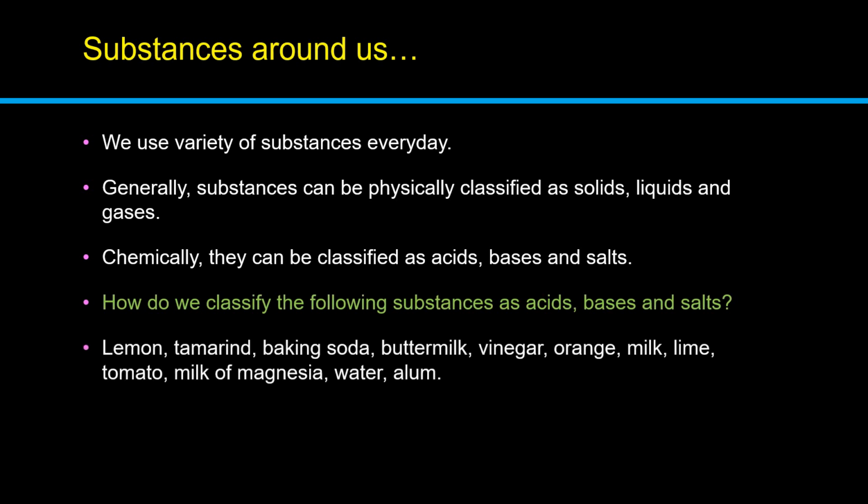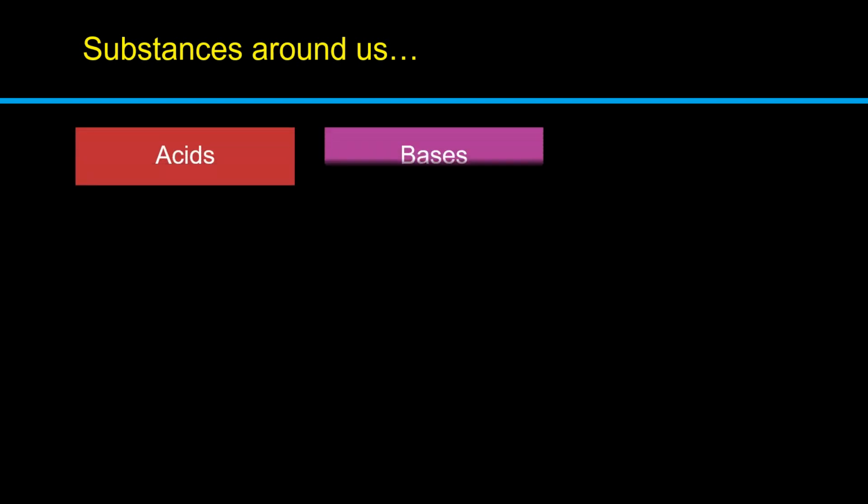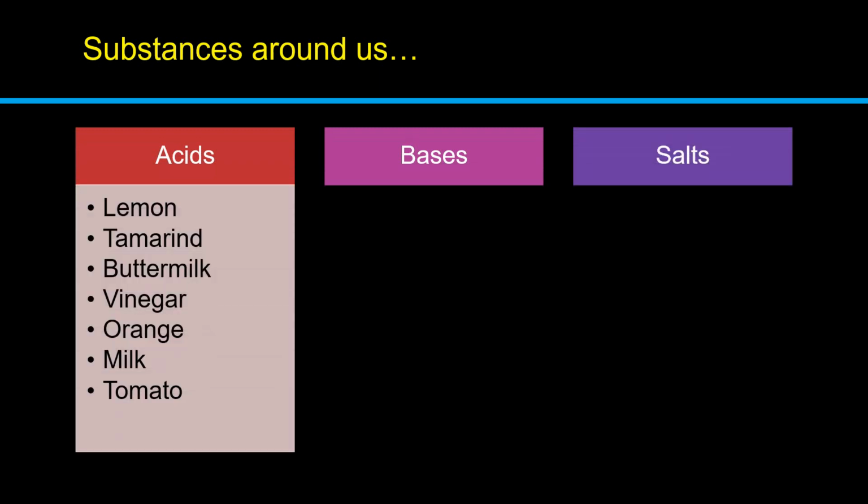These are commonly used substances given, like lemon, tamarind, baking soda. So many things that we use daily are given. We'll see how we classify them according to acids, bases and salts. Among those substances, acids or acidic substances are lemon, tamarind, buttermilk, vinegar, orange, milk, tomato.